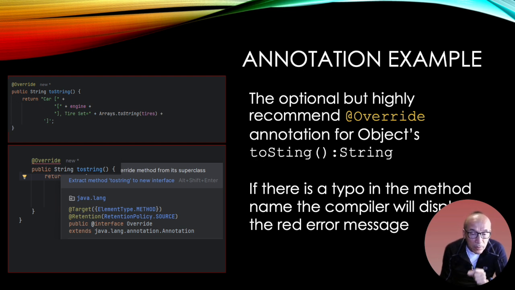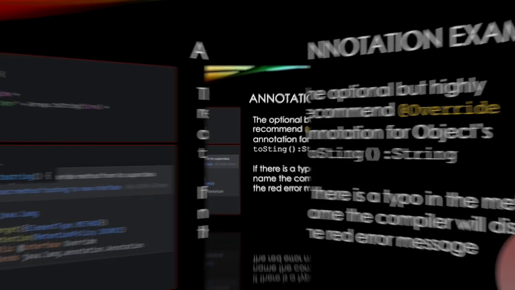So the compiler and the IDE, because of this annotation, can help you out, let you know that that's the wrong method for whatever reason. Maybe it's the wrong return value, the wrong signature. In this case, it's misspelled. So here is IntelliJ rightfully telling you, hey, listen, when you're using this override annotation, I'm going to help you out and let you know that this is the wrong method.